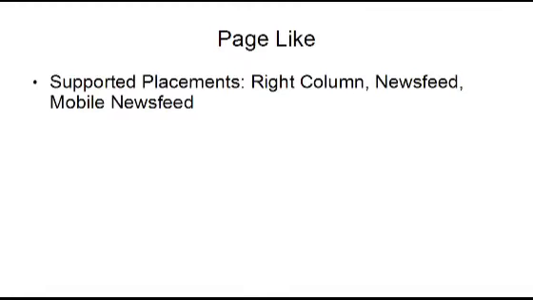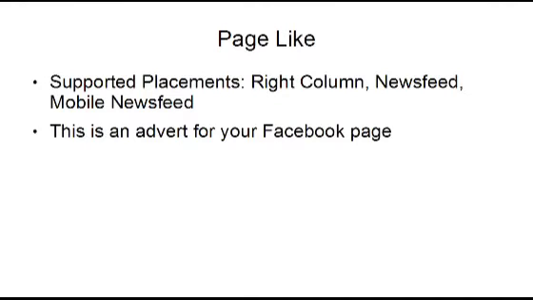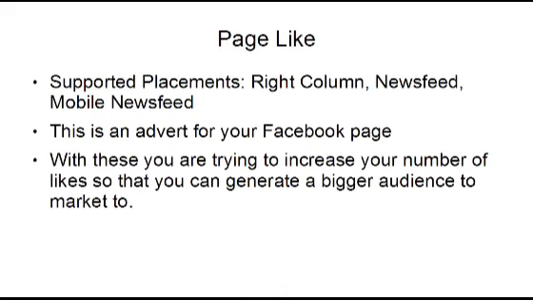Then there's page like, and the supported placements are the right column, the newsfeed, and the mobile newsfeed. And this is basically an advert for your Facebook page. And with these, what you're trying to do is increase the number of likes so that you can generate a bigger audience to market to.